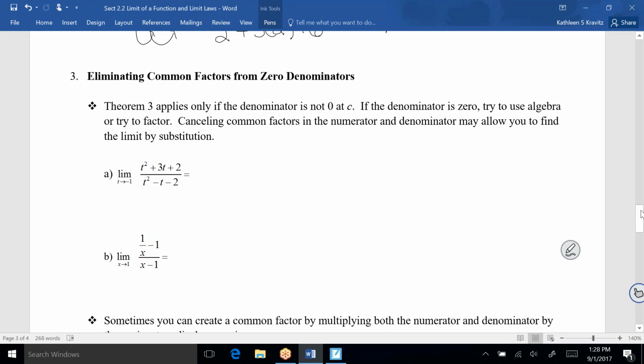So if the denominator is 0, we have to try to use algebra or try to factor. When we say algebra, maybe we can simplify a numerator or denominator. Maybe we can add or subtract. Or we can try to factor. And canceling common factors in the numerator and denominator may allow us to find the limit by substitution.